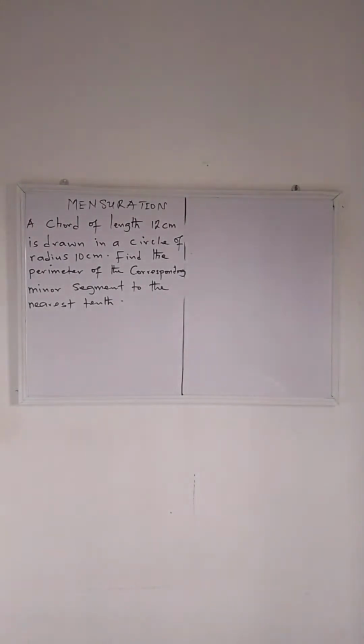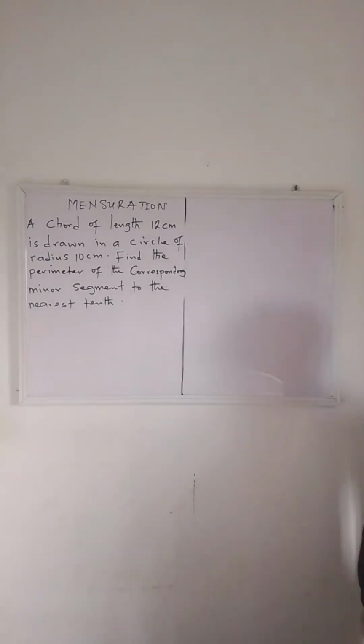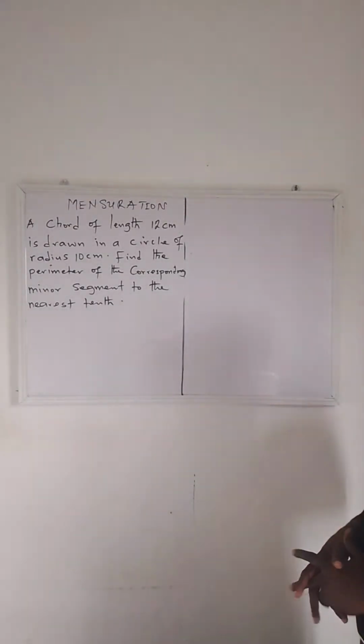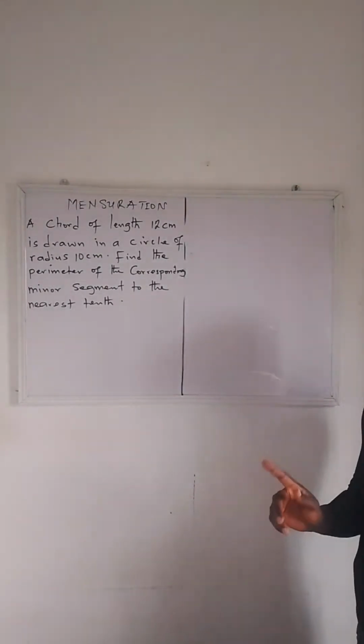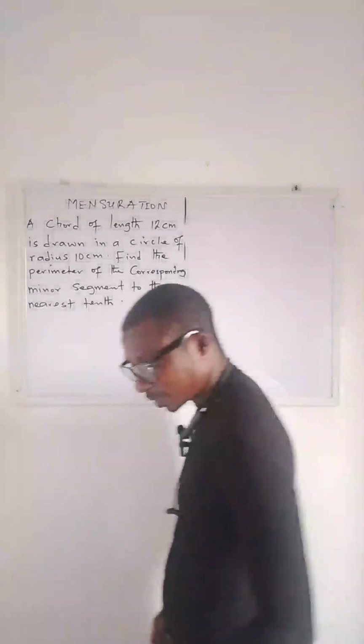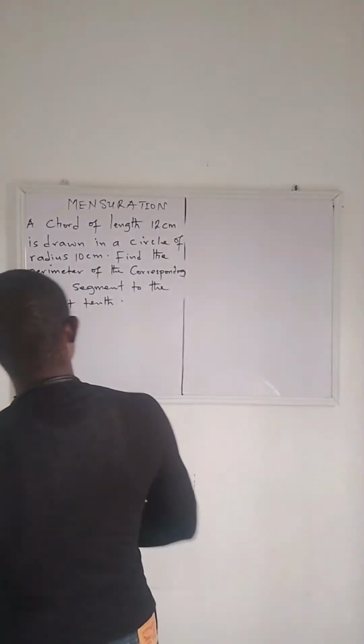So probably we need to solve the problem together. All right, now let's look at the question. The question says a chord of length 12 centimeter is drawn in a circle of radius 10 centimeter. Now let's put that down.